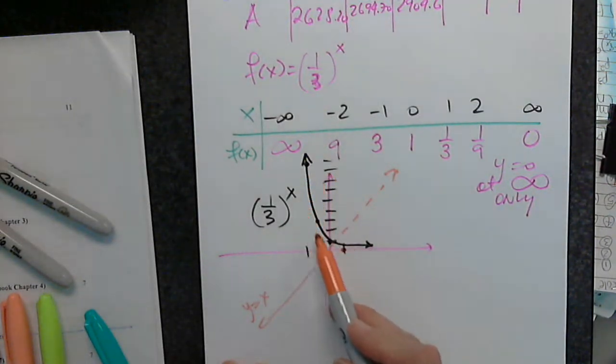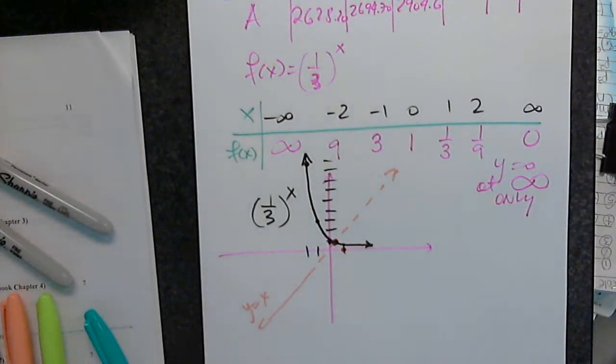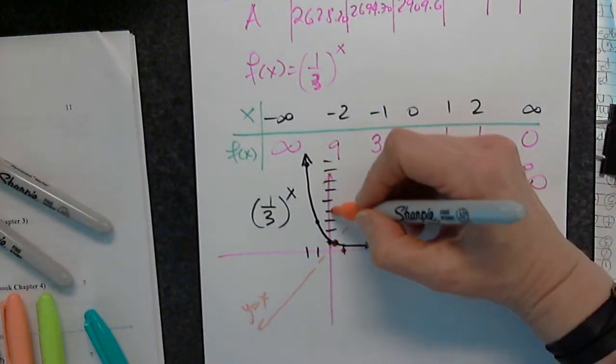Since the function crosses y equals x, the inverse must cross at the same point. Because at that point, if it's like 1, 1 and you reverse it, it's still 1, 1. Okay. And so on and so forth.